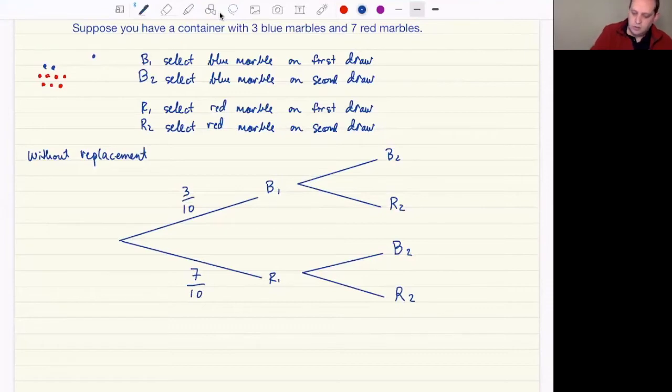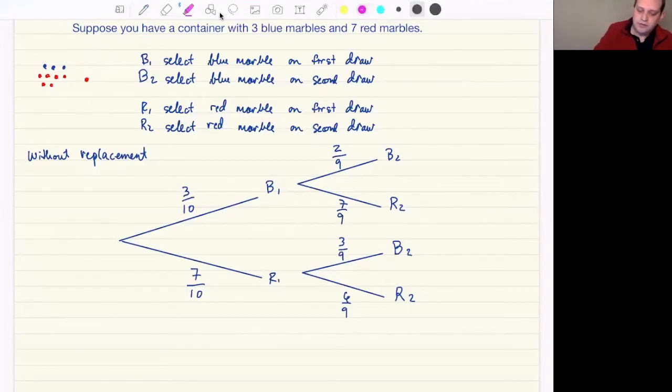There are 2 of the 9 that are blue and 7 of the remaining 9 are red. Then we'll do the same calculation but removing one of the red marbles. If our first selection is red, then there will be a 3/9 or 1/3 probability that the second one will be blue, versus a 6/9 or 2/3 probability that the second one will be red.